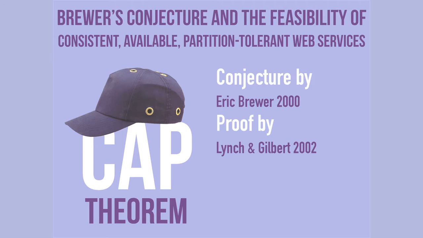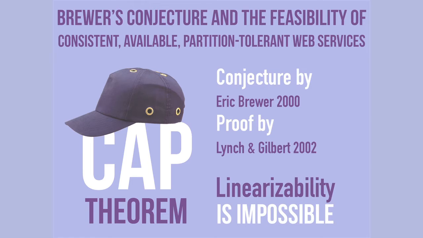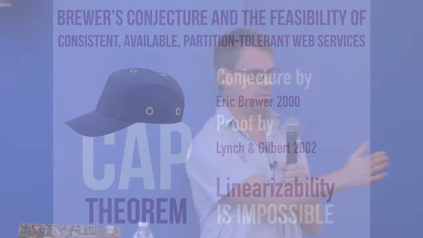This is the name of the paper, by the way. Essentially, it proves that linearizability, which is very close to serializability, you know serializability from databases, right? With this total ordering, where basically you shoehorn everything through a single writer, at least conceptually, is not possible in a distributed environment.